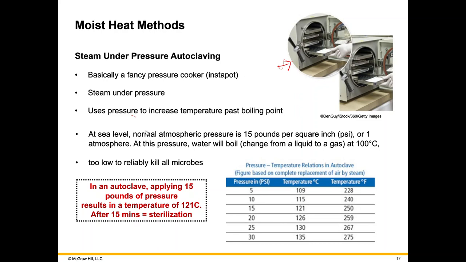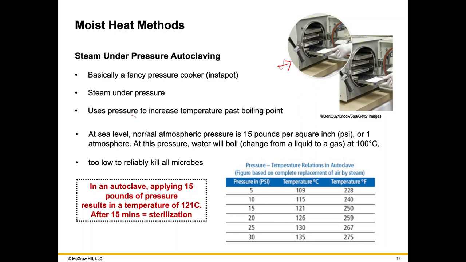I know that's a really common household small appliance. So for those of y'all that have one, as y'all know, if you've used one, you have to put some water at the bottom, and then when you turn it on, it has to reach pressure. So essentially, it's increasing in pressure inside of that Instapot. And then as that water heats up and is pressurized, now you have steam under pressure.